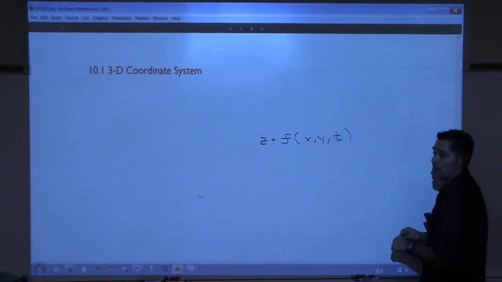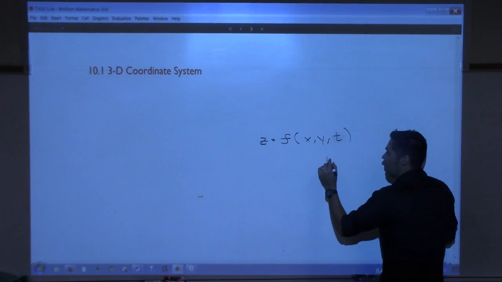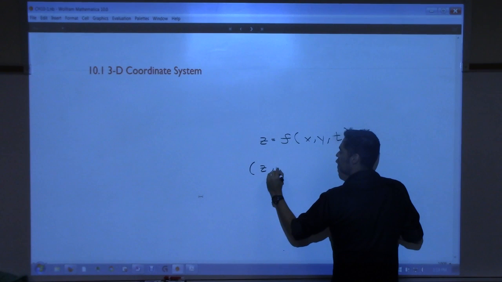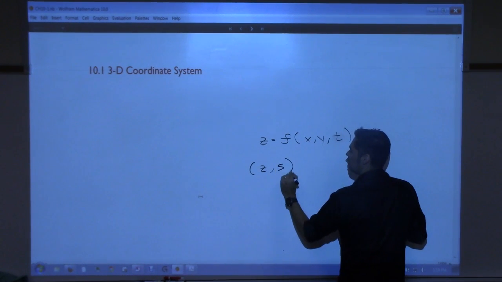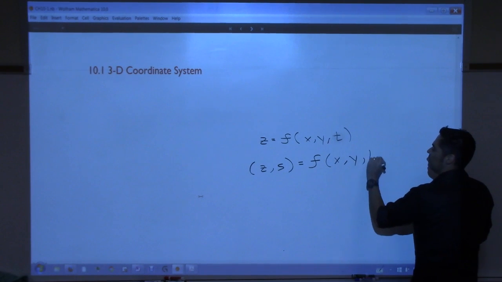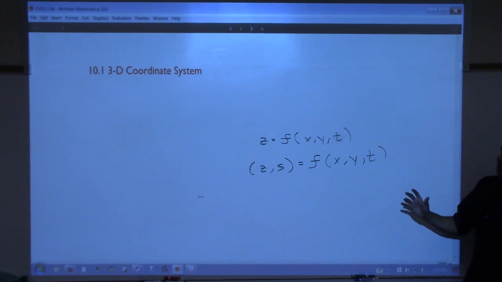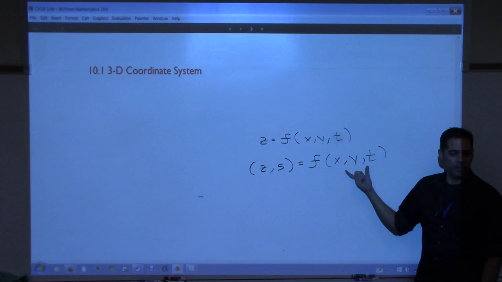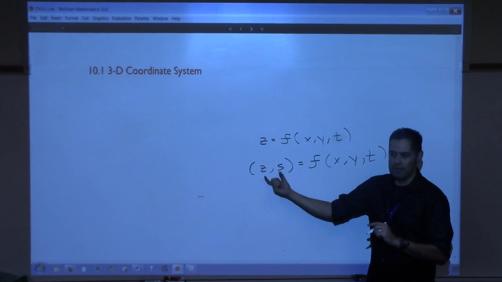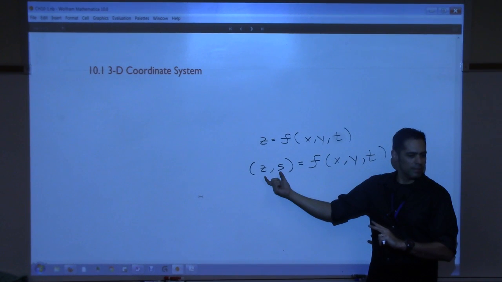Or you could have something like this. How about z, s is some function of x, y, t. So I have 3 inputs, but there corresponds to it a pair of outputs.